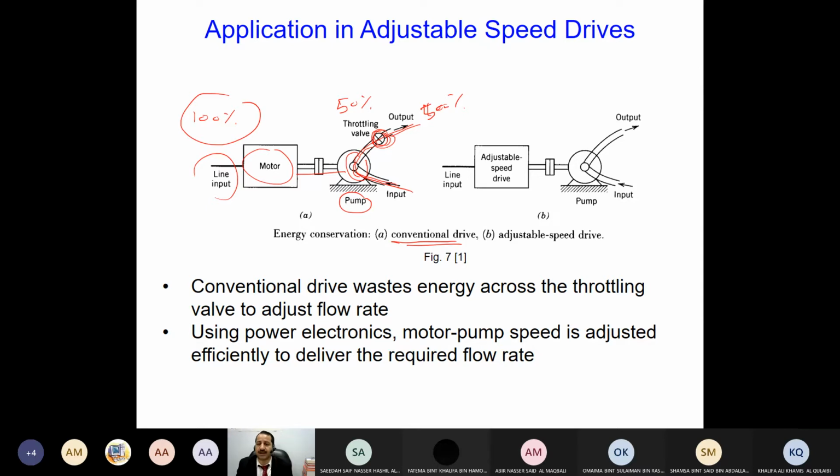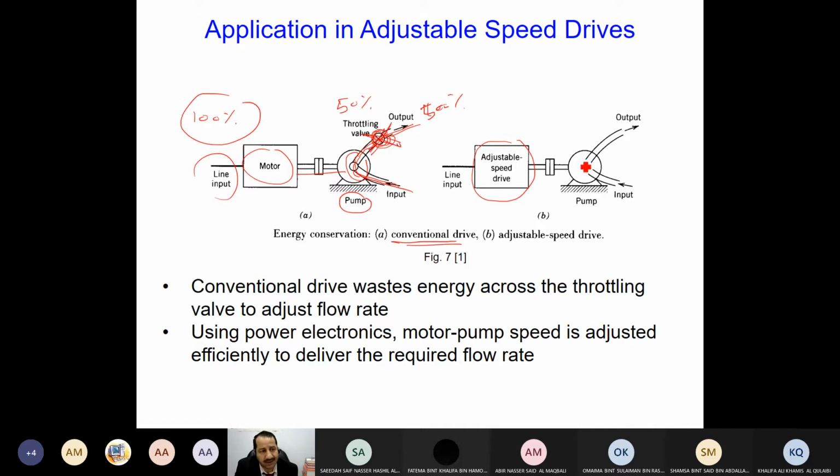It's one of the trends of today's technology to save energy, to reduce the losses, improve the efficiency, reduce the cost. So what we are going to do, we are going to use a power electronic converter, as an example a circuit called an adjustable speed drive, to be discussed later, inshallah, through the semester. No need for a mechanical valve.